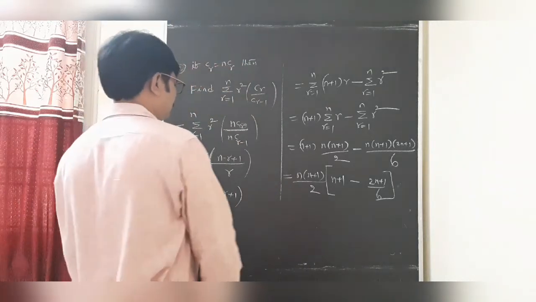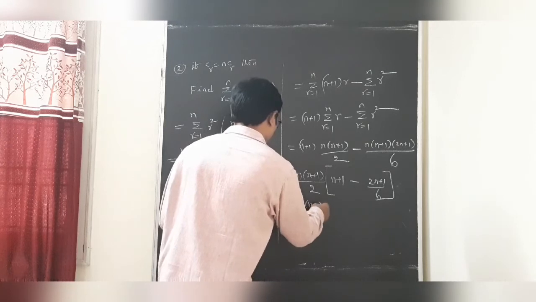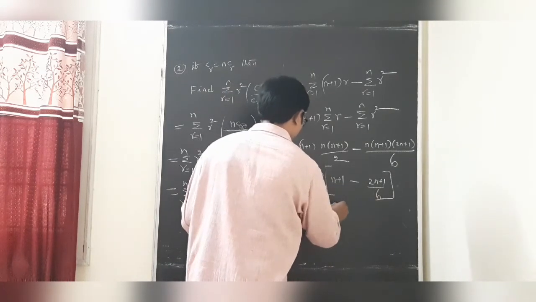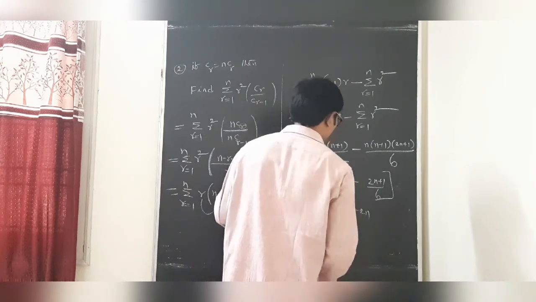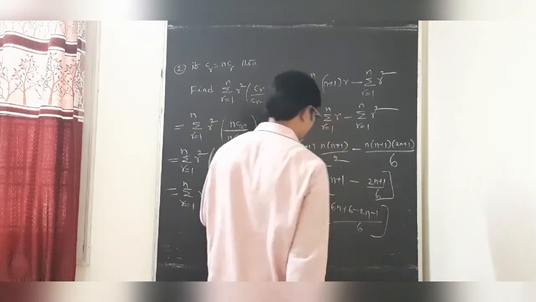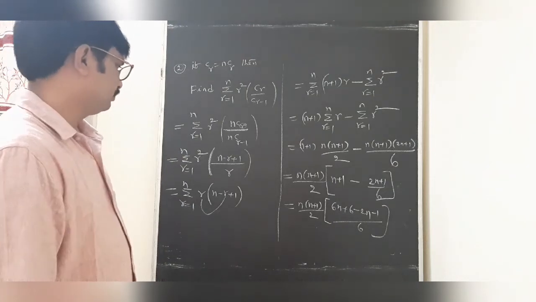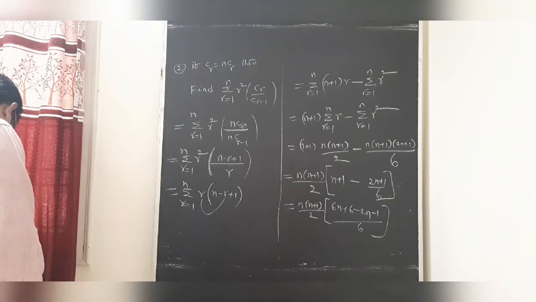We can write this as n into n plus 1 by 2 times 6n plus 6 minus 2n minus 1 by 6. We got this one.